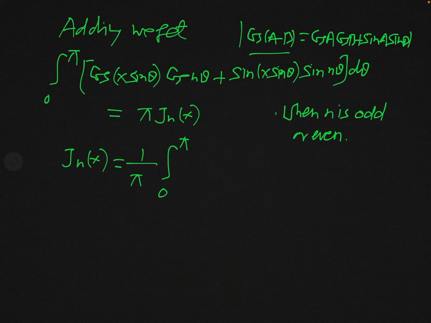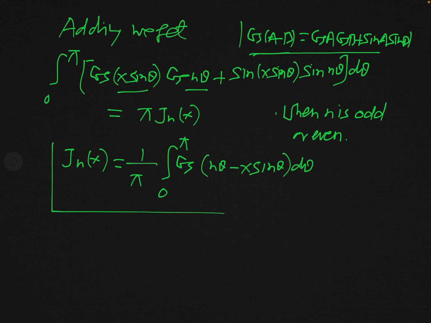So from this formula we can simplify this result, cos x sin theta cos n theta plus sin x sin theta sin n theta. So you can see n theta is at the place of a or b and x sin theta is at the place of a or b. So using this formula of trigonometry, you can write that this is equal to cos n theta minus x sin theta d theta.